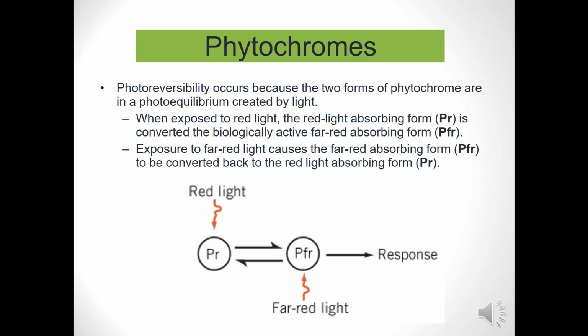The form of phytochrome exposed to the red light, we call the red light absorbing form. This red light absorbing form, PR, is converted to the biologically active far red light absorbing form, which we call PFR, because far red light.